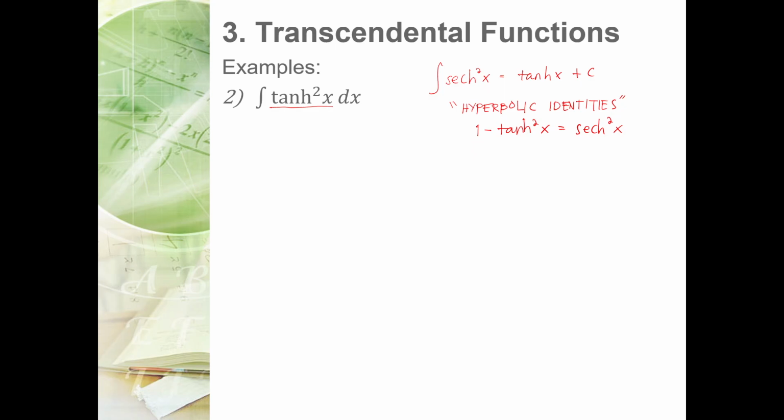You also have the other two, 1 minus cotangent and cosecant squared x, and sine squared x minus cosine squared x is equal to 1.